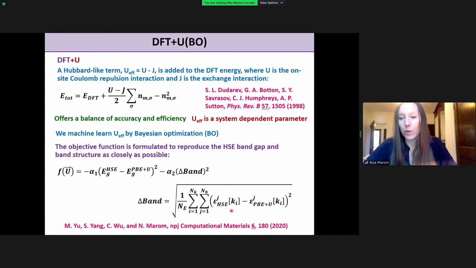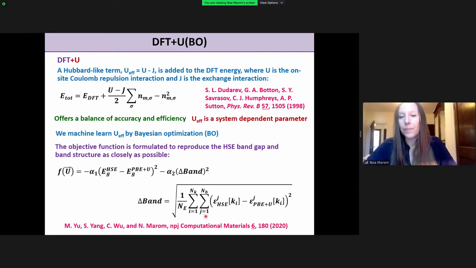So we take the difference between the band energy of HSE and PBE plus U at every point in the band structure, and we shift both the top of the valence band and the bottom of the conduction band to 0 in order to eliminate the effect of the gap and just consider the qualitative features of the band structure.